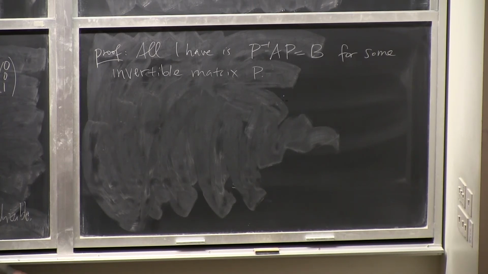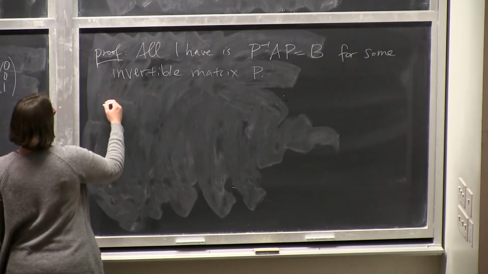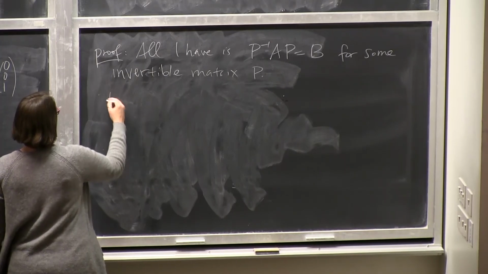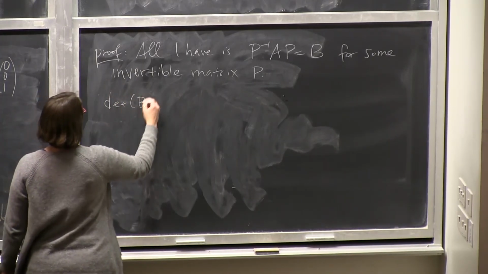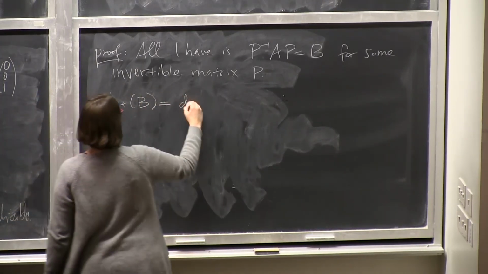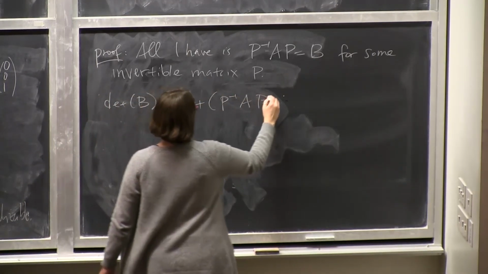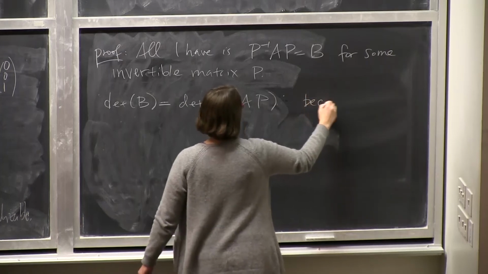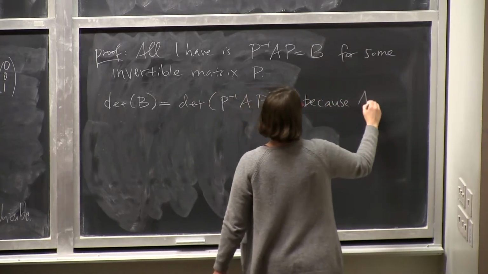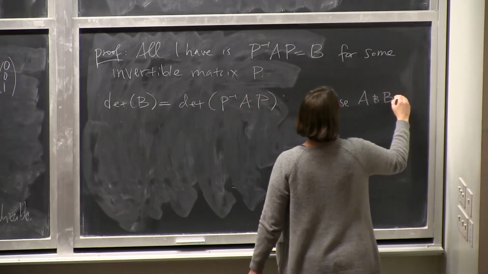So first let's just do the determinant. The determinant of B is equal to the determinant of P inverse AP. And this is because A and B are similar.